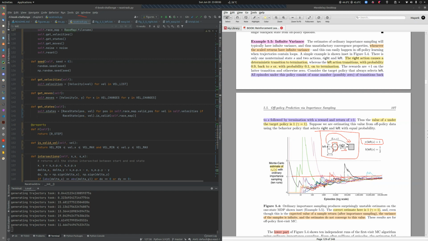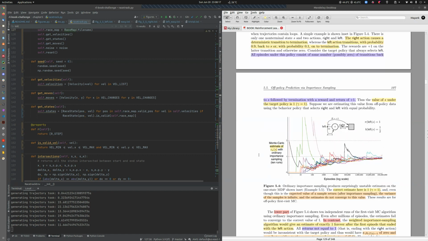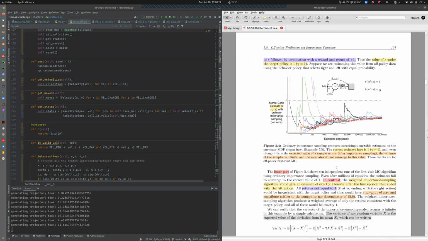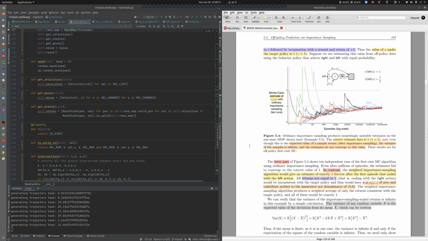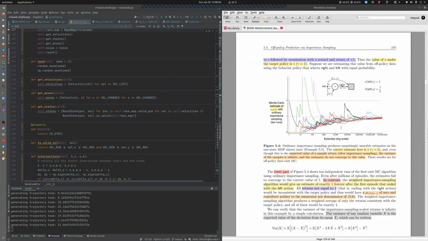We made a graph of the Monte Carlo estimates in 10 runs of different values. These are the 10 independent runs, and it's converging approximately here.